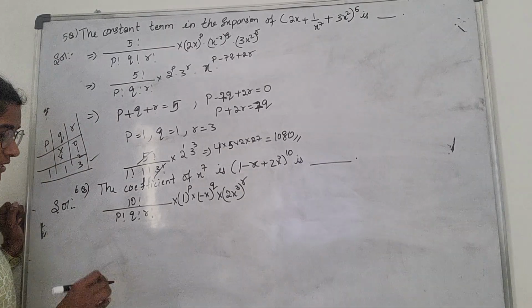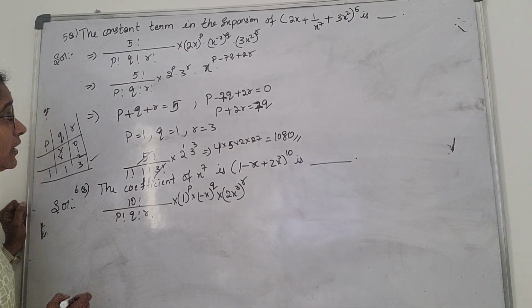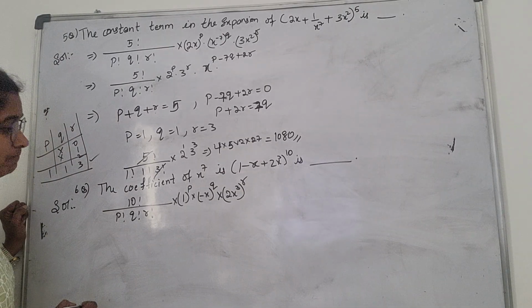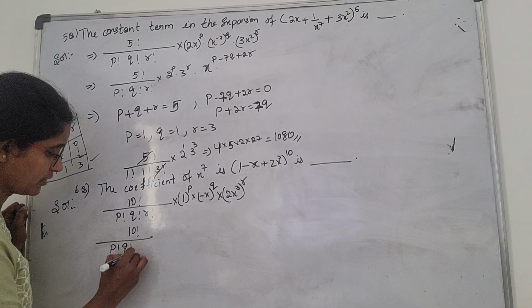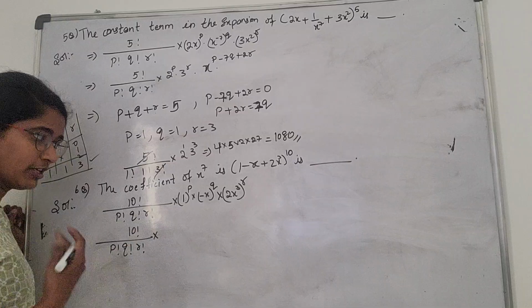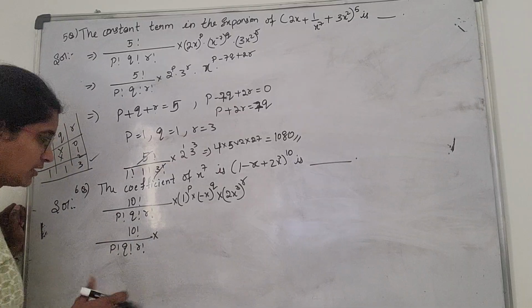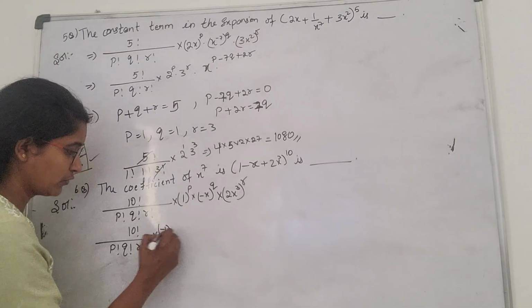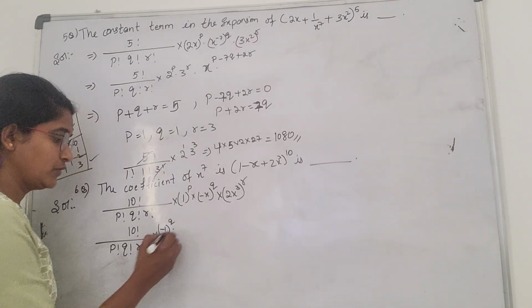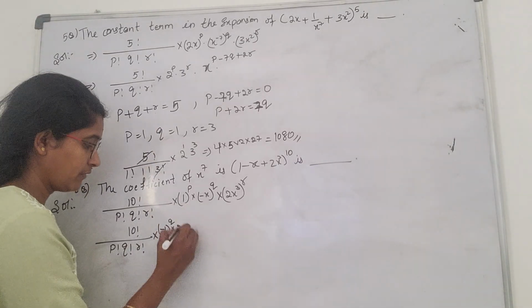Once again I'll write 10 factorial by p factorial q factorial r factorial into 1 power of p, minus 1 power of q, then into 2 power of r.